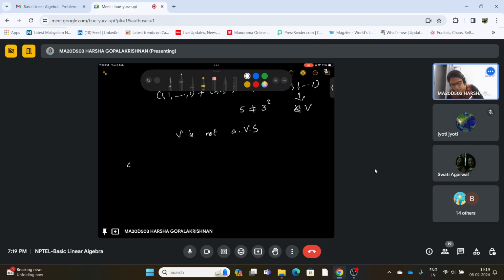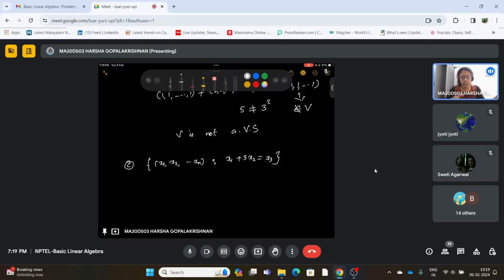And now one more question. Set of all x1, x2, etc., xn such that x1 plus 3x2 equal to x3. So it is given x1 plus 3x2 equal to x3.